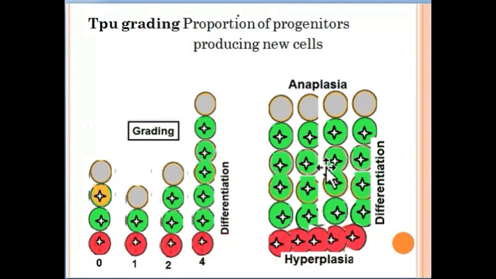And the final stage of cancer is anaplasia, where you have the entire site made of progenitors and some stem cells.